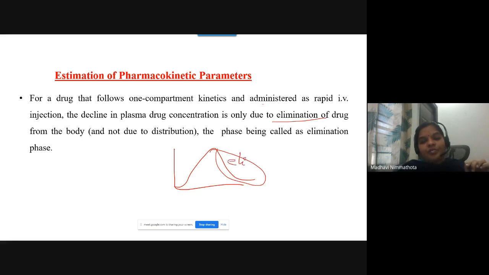Because the drug is going to be eliminated. So the decline of the plasma drug concentration is due to the elimination of the drug, not due to the distribution of the drug. Once there is a decline of the plasma drug concentration, just remember that it is because of the elimination phase, not the distribution.